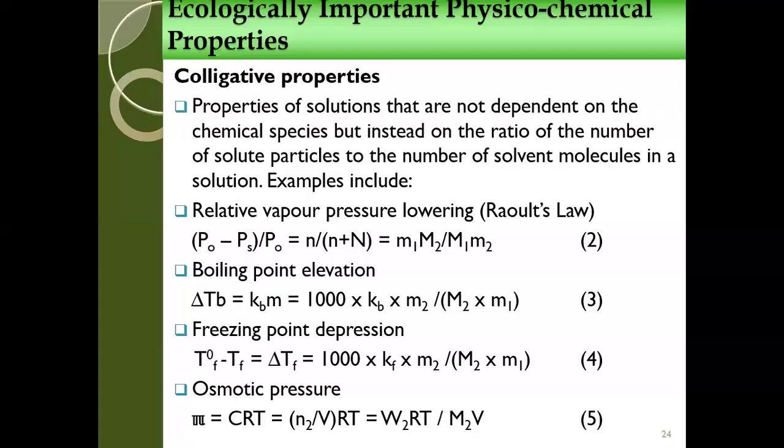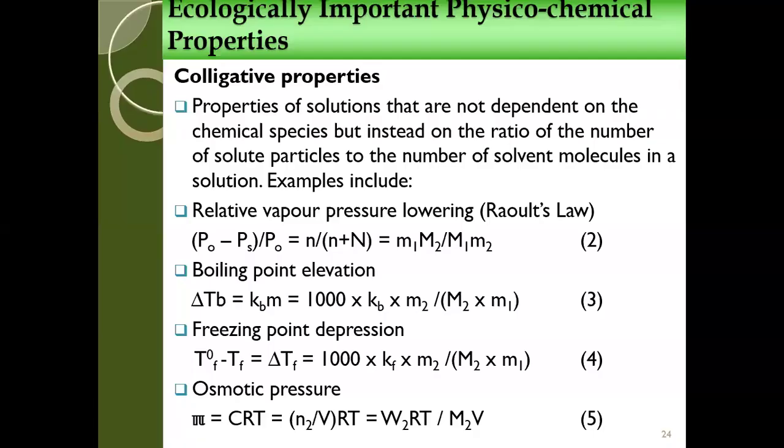Now, for you to determine the change in freezing point, the freezing point depression is equal to the freezing point depression constant multiplied by small m, which you got as 3.23. The constant, that is Kf, is given as 1.86.